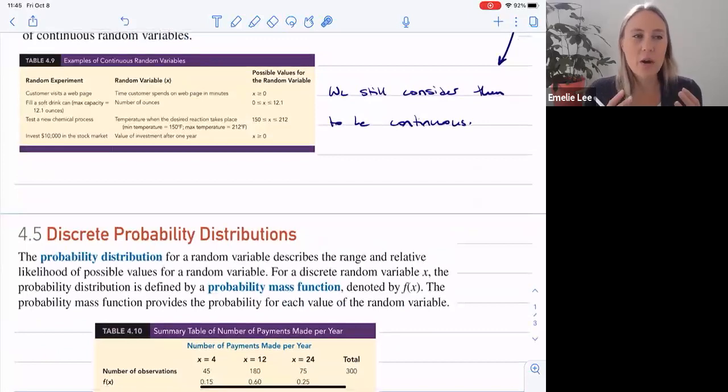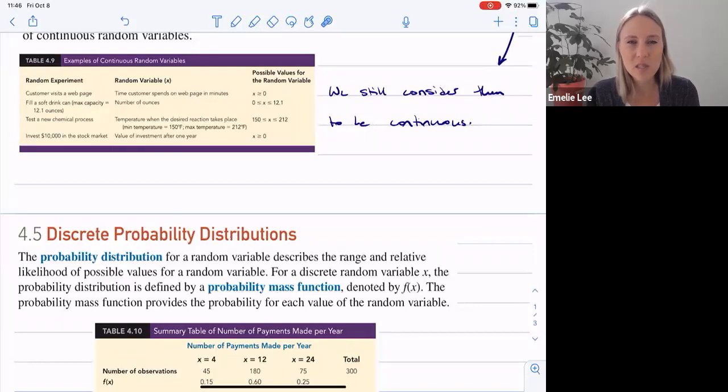So what we're going to do now is take a look at discrete probability distributions, which have to do with discrete random variables. Discrete random variables have some probability associated with them. And depending on the situation that you're working in, there may be a specific probability distribution that you need to work with.